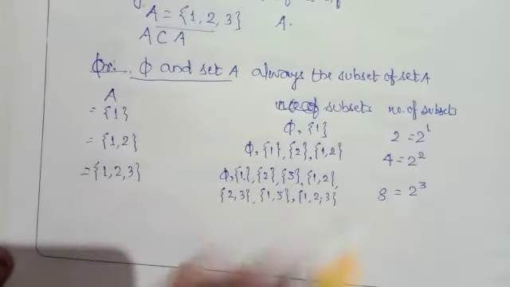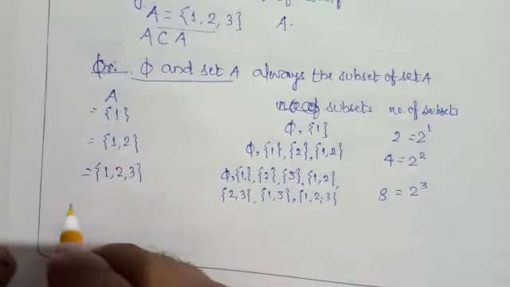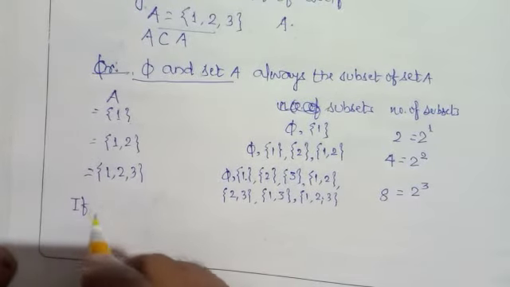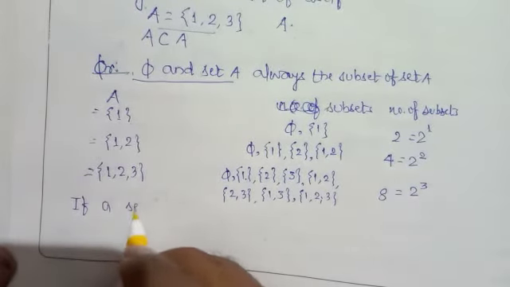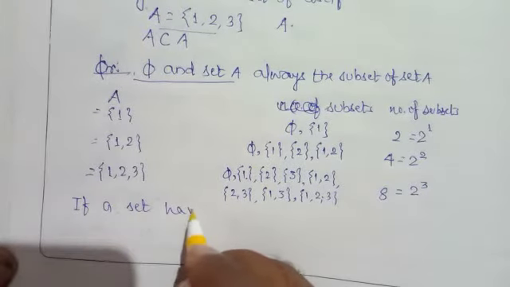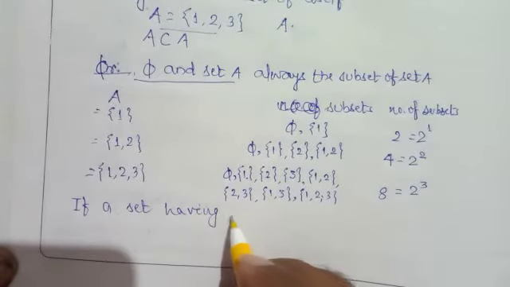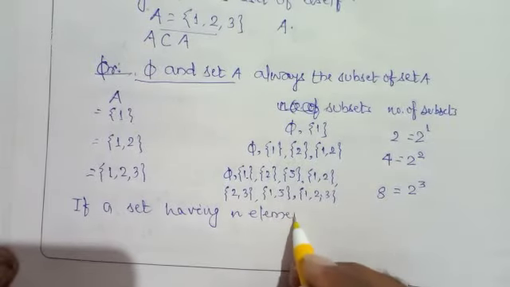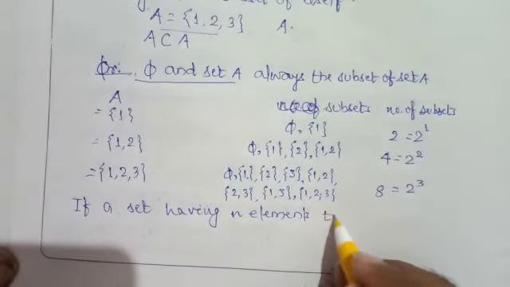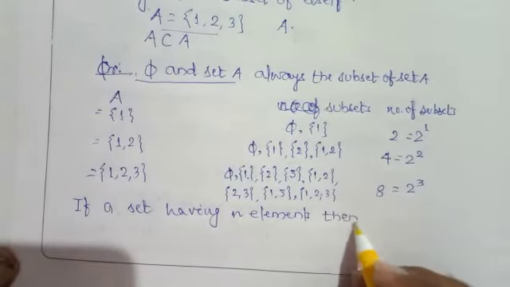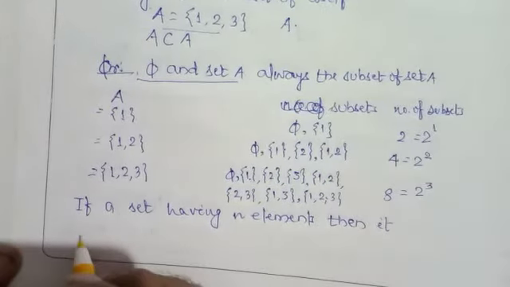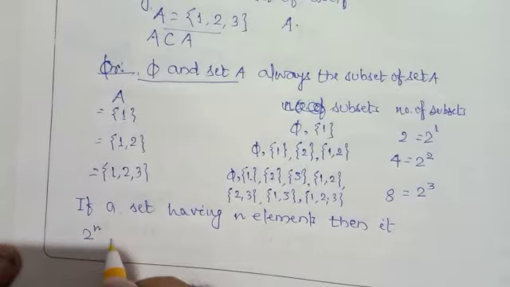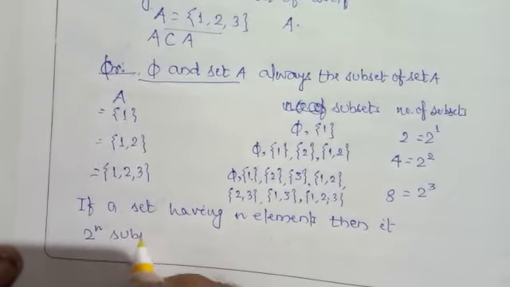On the basis of this, we can say that if a set has n elements, then it has 2 to the power n subsets.